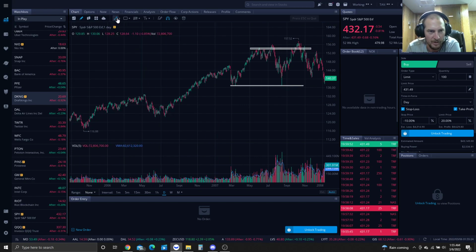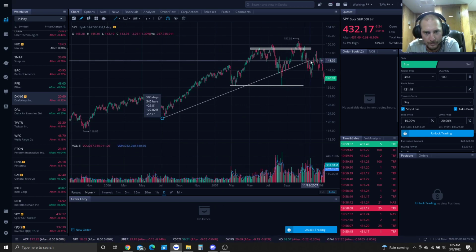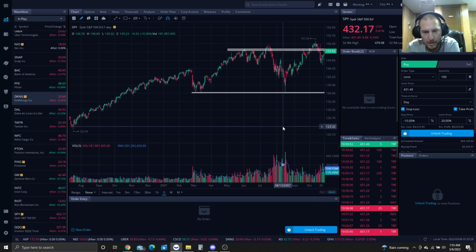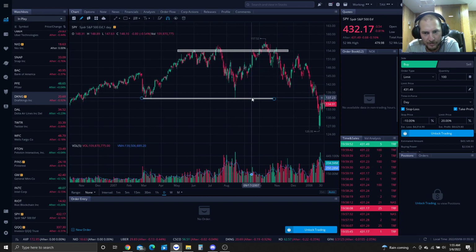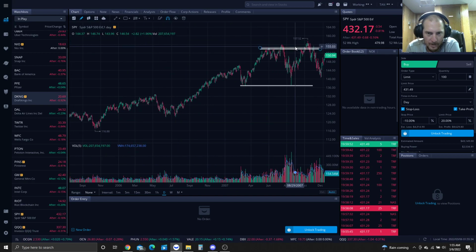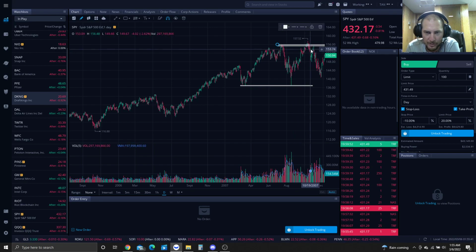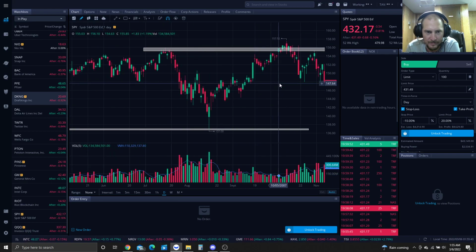Overall context of an uptrend, and trade from 137 to 153. Actually, in this scenario, you would have had this supply level that was created, so you'd even get more than that if you were being very liberal with your price targets.